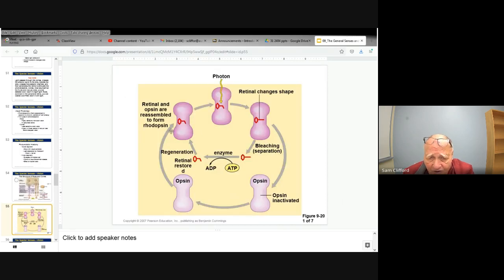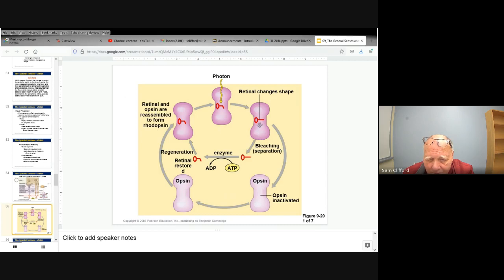So there's a cycle of the photon hitting all of the rods and cones, changing the shape of this retinol and opsin. They put together the form rhodopsin.